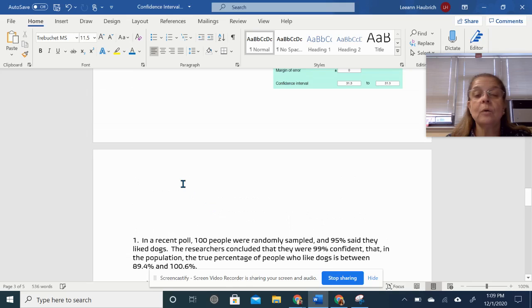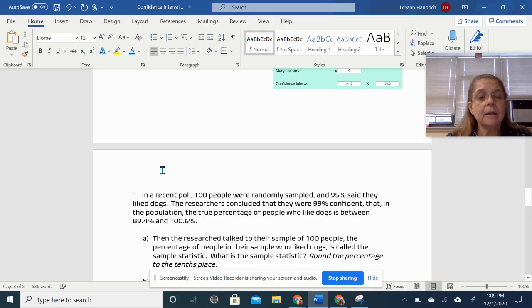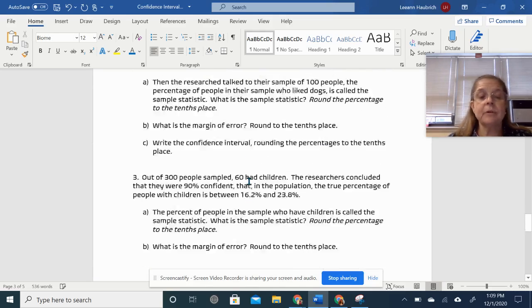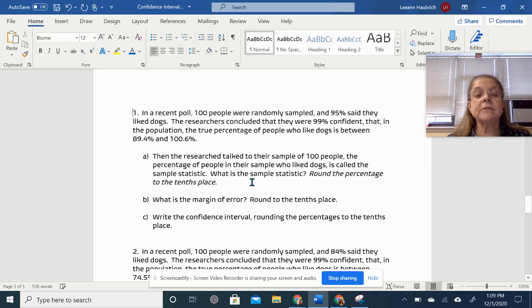Let's go back down to some of these. I got questions from several of you about what to do when you have questions that look like these. So here's the first one. A recent poll, 100 people were randomly sampled, and 95% said that they like dogs. The researchers conclude that they are 99% confident that in the population, the true percentage of people who like dogs is between 89.4 and 100.6.